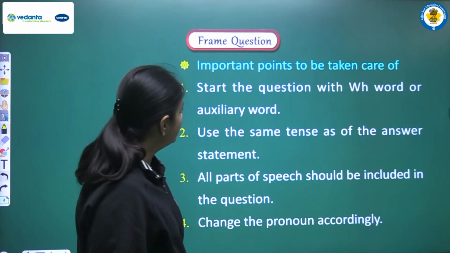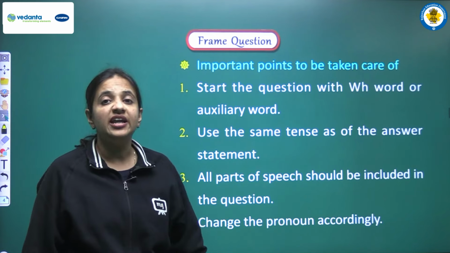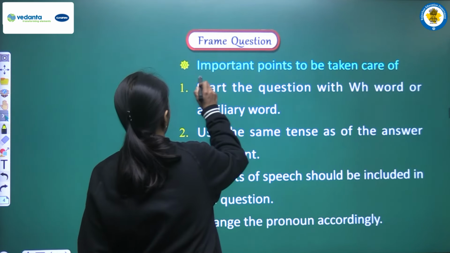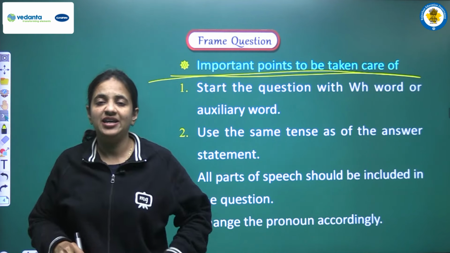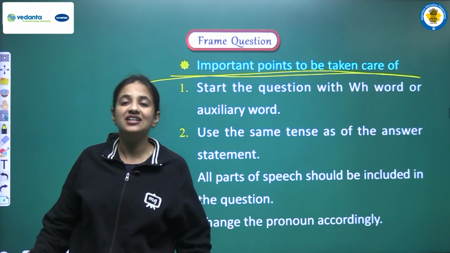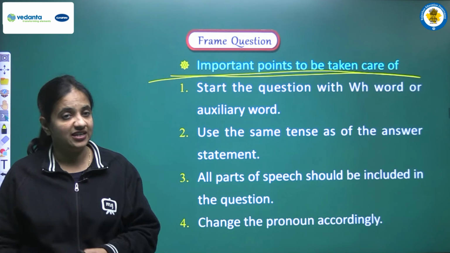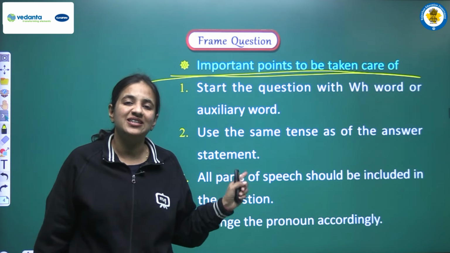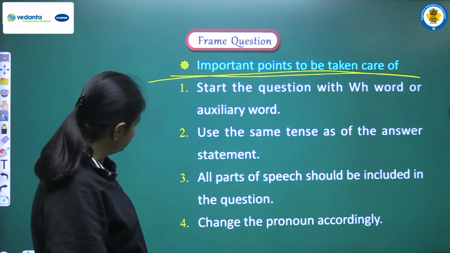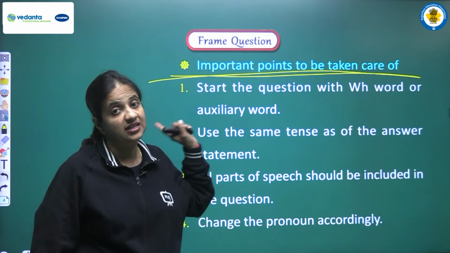Next, moving on. Now we are having some important points to be taken care of. When we are framing the question, when we are making the question of the given answer, what are the important points that we should always take care? So let's see. The first one is, start the question with WH word or auxiliary word.